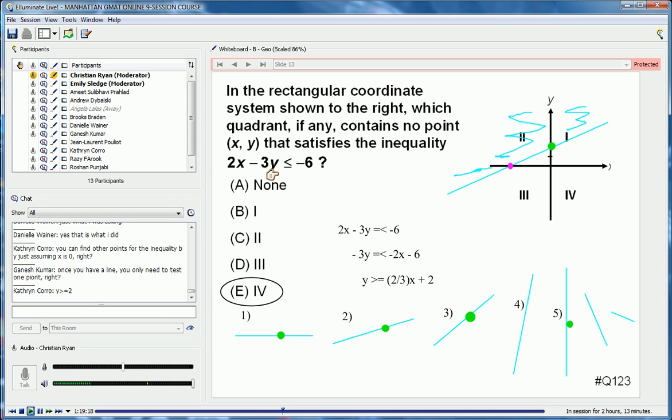Is that less than negative 6? And the answer would be no. The point 0, 0, which I'll show here in this kind of beige orange, does not work. So you could do this by plugging one other point into the inequality and just seeing whether or not it works.